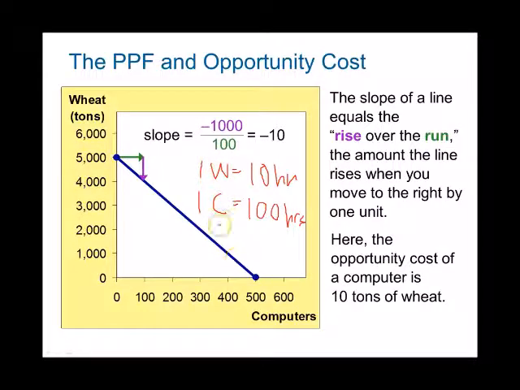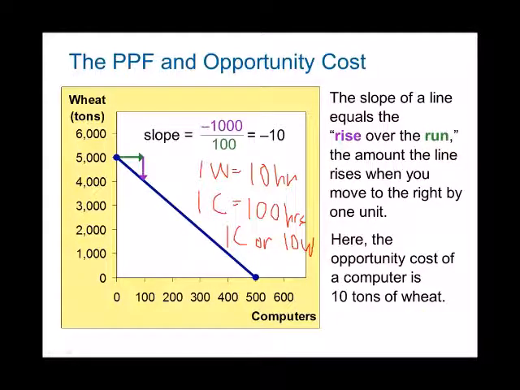So the trade-off is basically I can produce either 1 computer or 10 tons of wheat. So the opportunity cost of 1 computer is 10 tons of wheat.